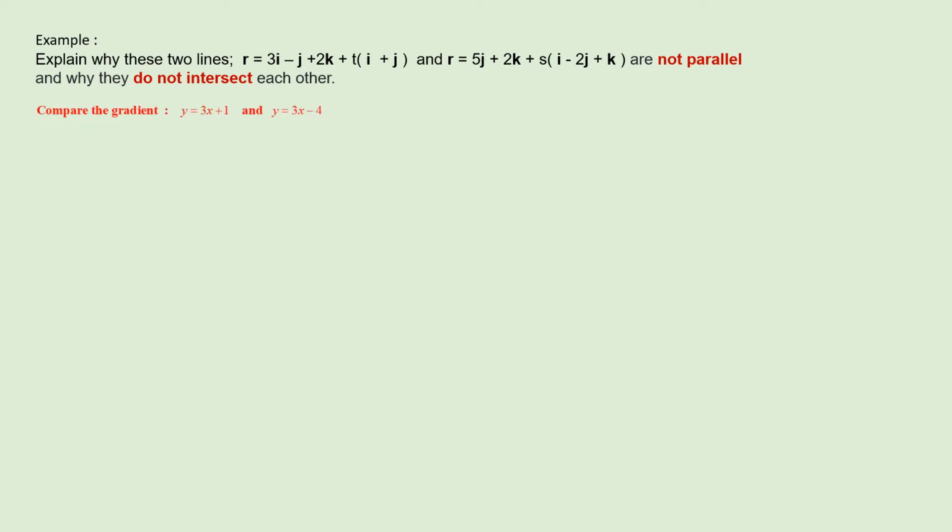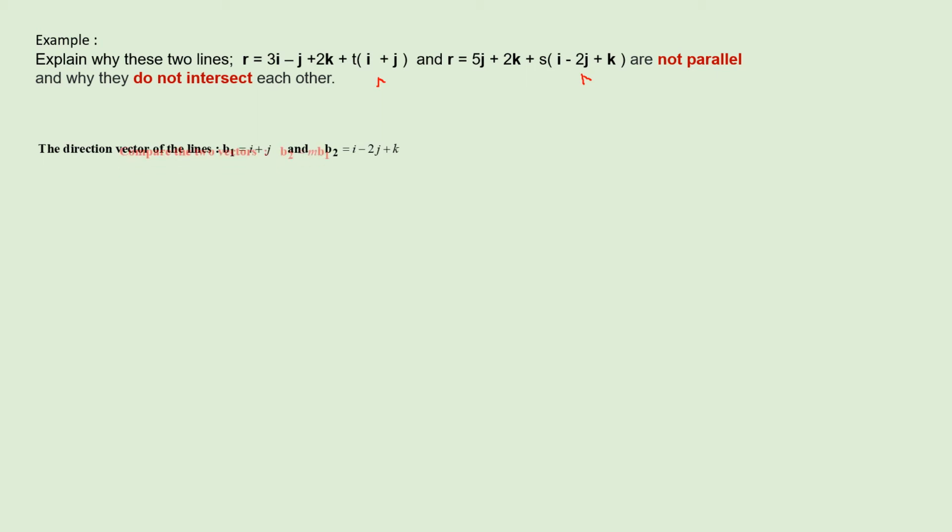Still remember last time, when you wanted to identify whether two lines are parallel or not, we compared the gradient. Now we don't have the gradient, but we have the direction vector, so we compare these two vectors.